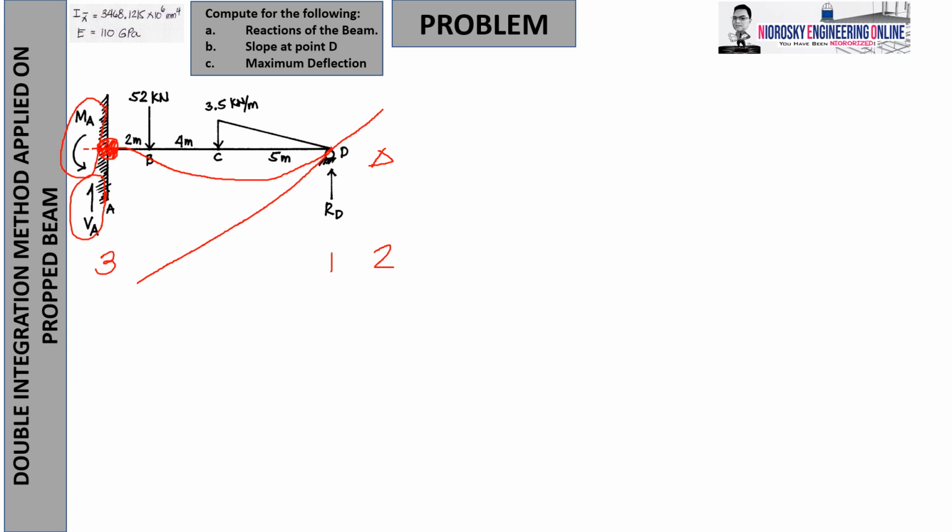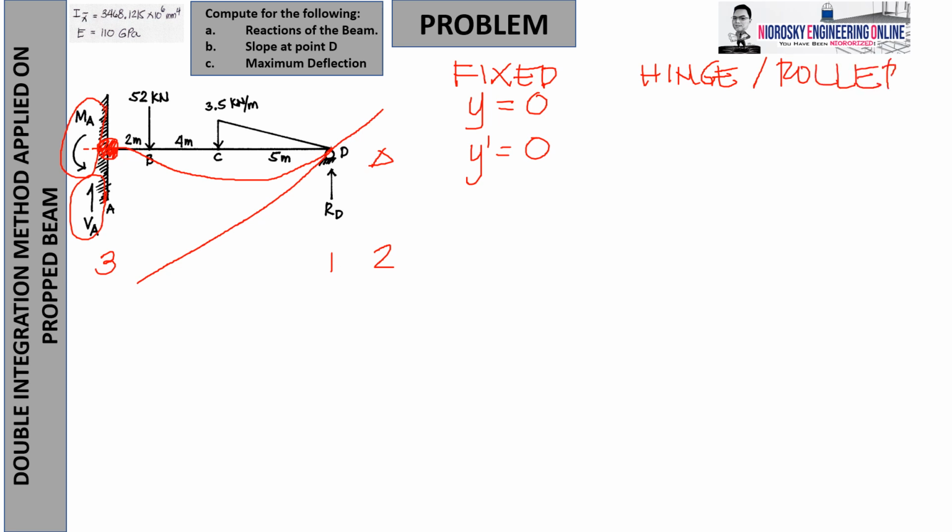So in this case, we will set y and y prime for the fixed support both to 0. Now, to have some review, if this is a hinge or roller, or pwede natin tawagin rocker support, the only thing that we can identify is y equals 0 because of the deflection, unless we are going to consider yielding conditions.